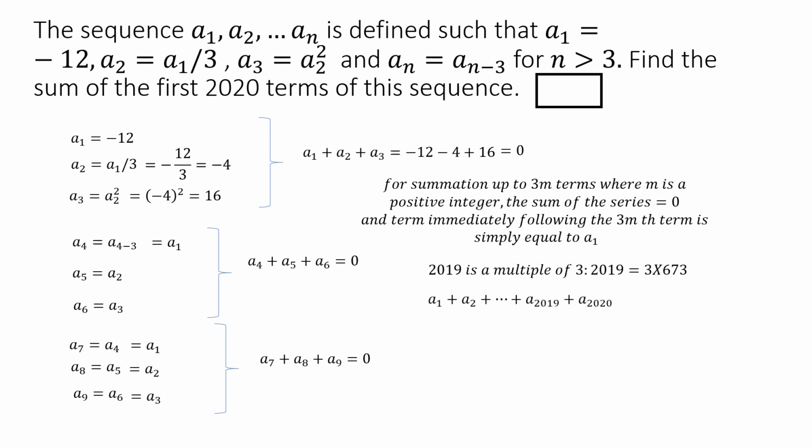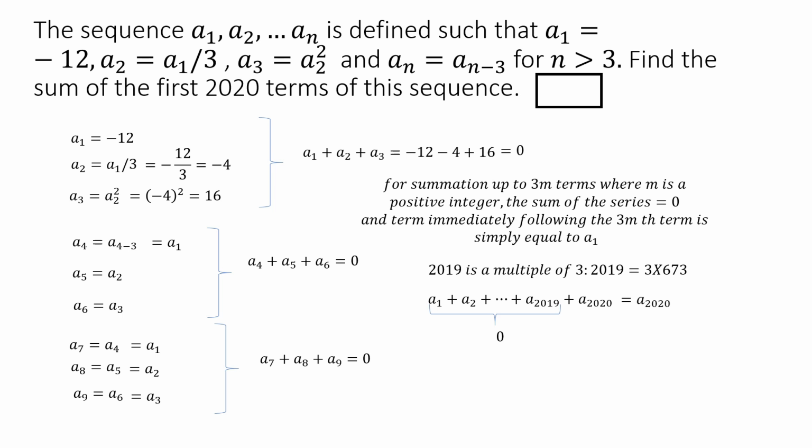Now, if we take the sum of the series A1 plus A2 plus A3 all the way till 2020, of course 2019 is the term before 2020. So if we consider the sum from A1 to A2019, 2019 being a multiple of 3, this sum will simply vanish. It will simply be 0.